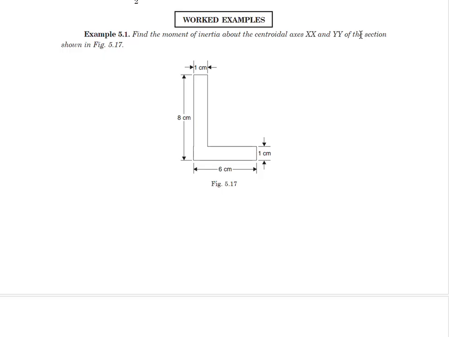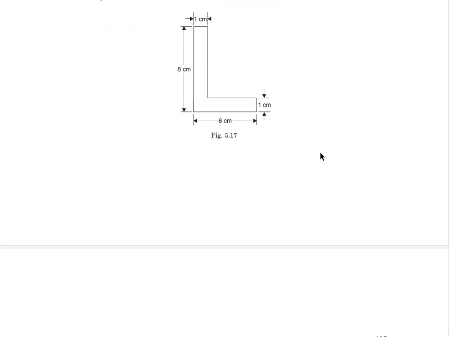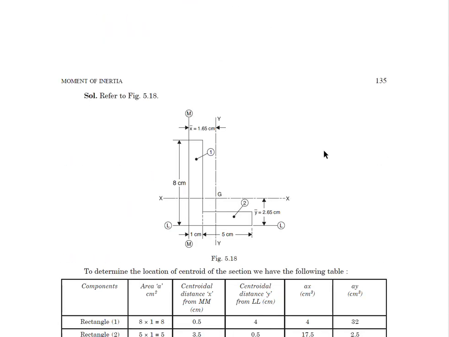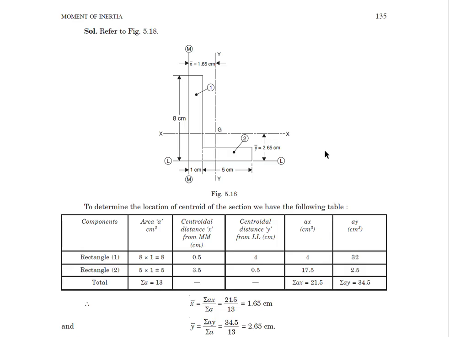Now, in that example, we used one table. The table is about finding the area of each rectangle. For example, this is the first section of this L section. This is the first rectangle, and this is the second rectangle.